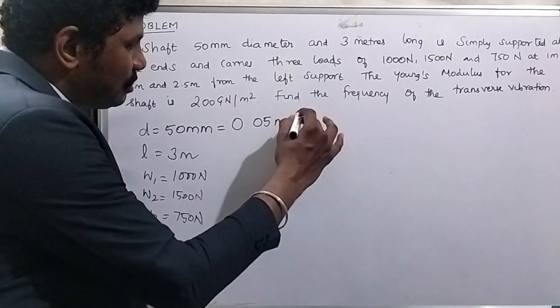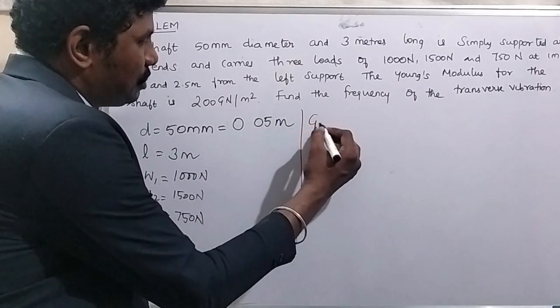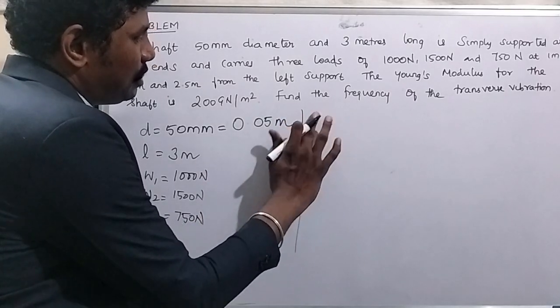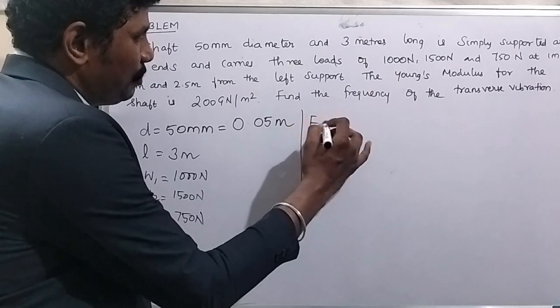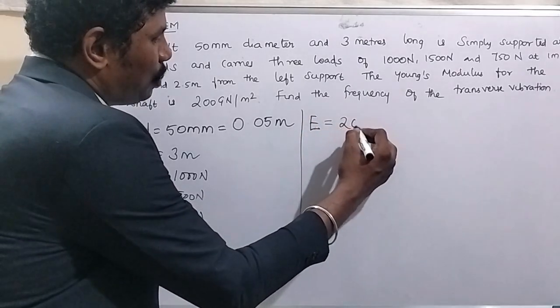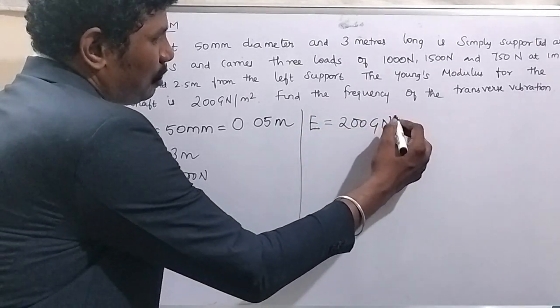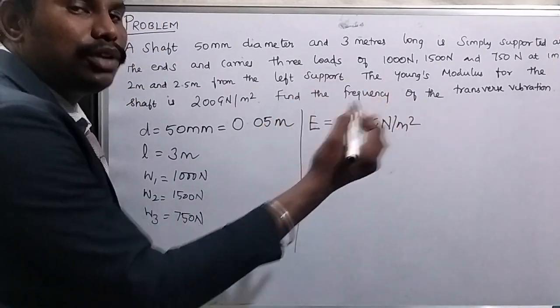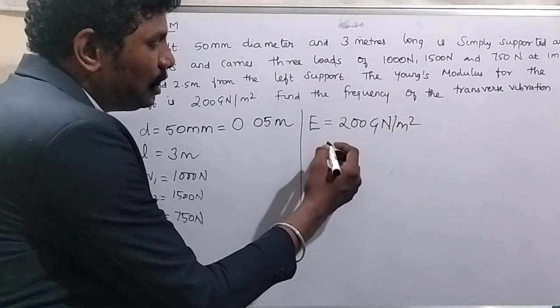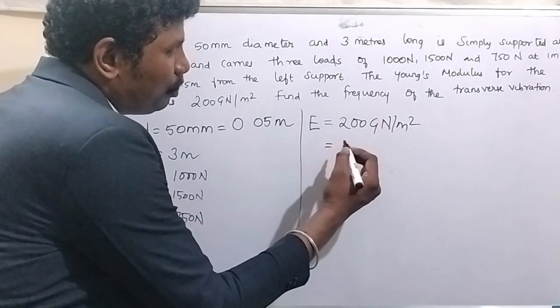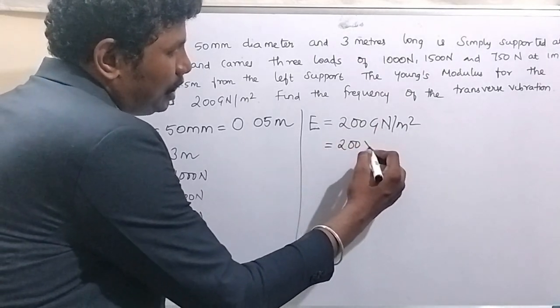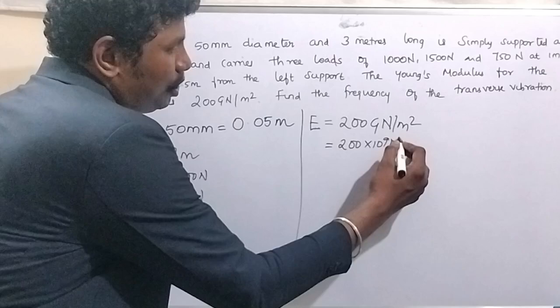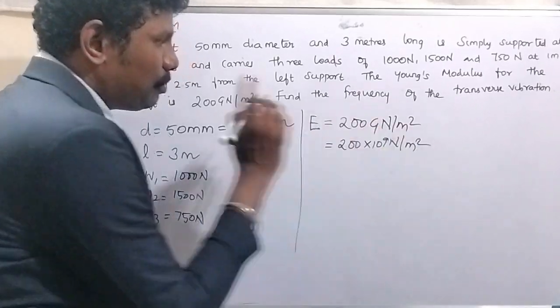The next thing given is Young's modulus, represented as E. So E is equal to 200 giganewton per meter square. We need Young's modulus in terms of Newton per meter square, so we convert this: it is 200 into 10 power 9 Newton per meter square.